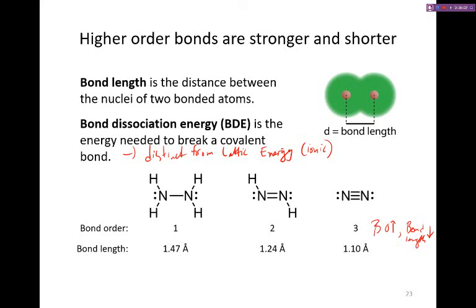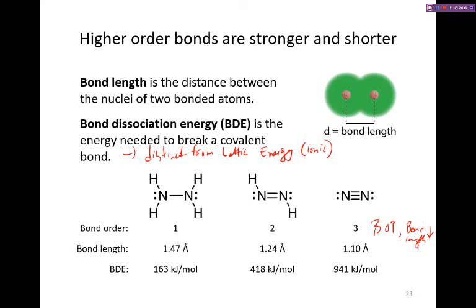We'll talk more about why this happens a couple of chapters down the road. But suffice it to know that the longer the bond, the weaker it is. And we see this here. The bond dissociation energies are directly related to bond order and inversely related to bond length.